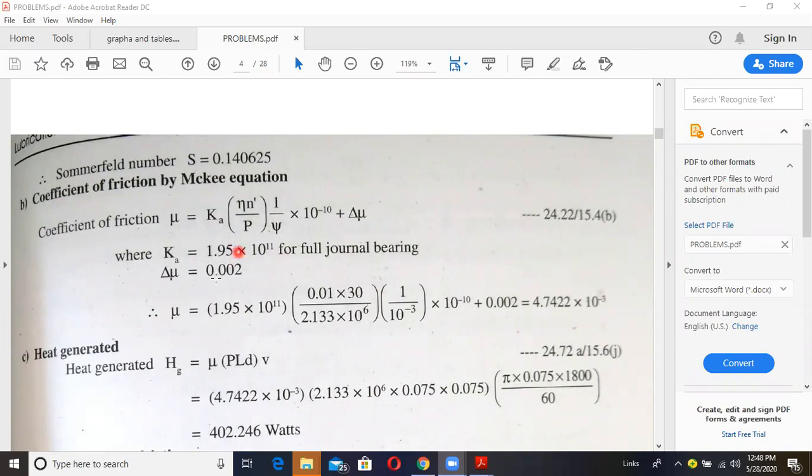And delta mu is equal to 0.002, it is also a constant. Substitute Ka, eta, N dash, P, Xi and delta mu. Calculate the coefficient of friction mu. Finally, after simplifying everything, we will get mu as 4.7422 into 10 to the power of minus 3 based on McKee's equation.